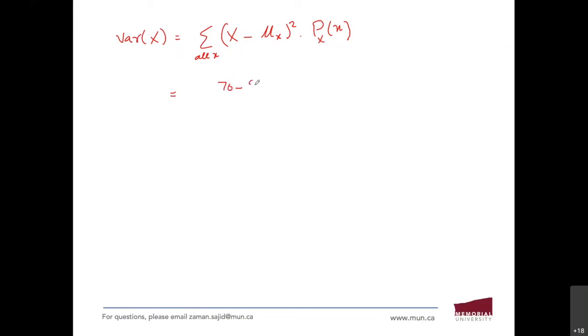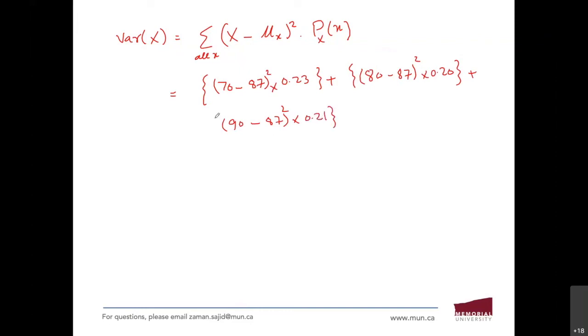The value we just figured out, which is 87, squared, times the first marginal probability value for x equal to 70, which is 0.23, plus your second term should be at x equal to 80, should be multiplied by 0.20, plus 90 minus 87 squared times 0.21, plus 100 minus 87 squared times 0.36.